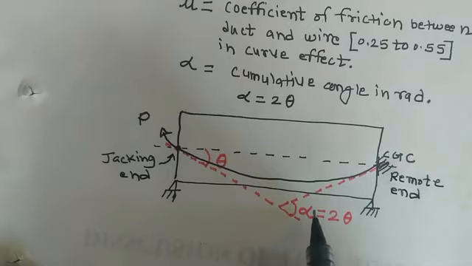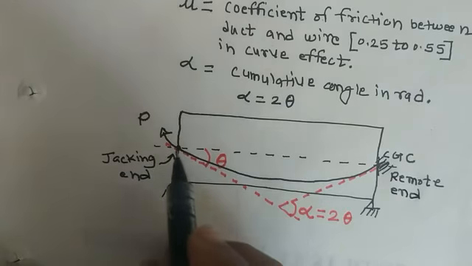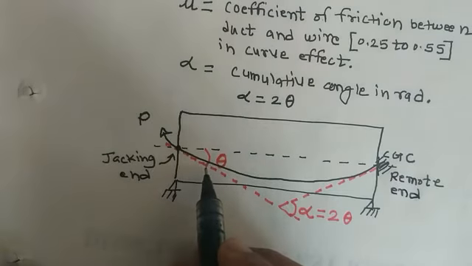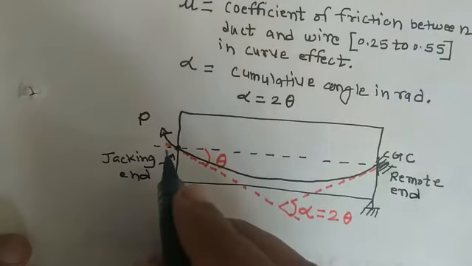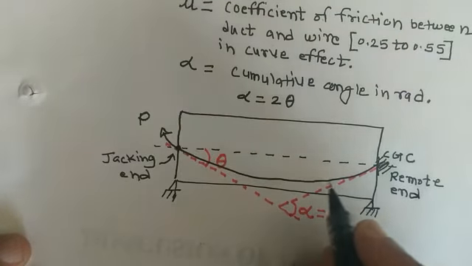Alpha is nothing but double of theta, and theta is nothing but the angle made by the tangent at this end. So this is the parabolic cable profile of a tendon.